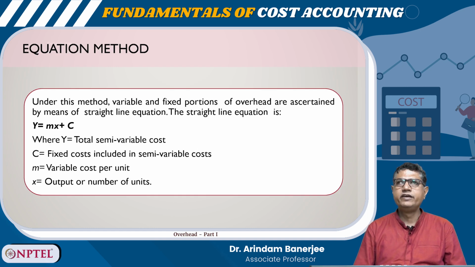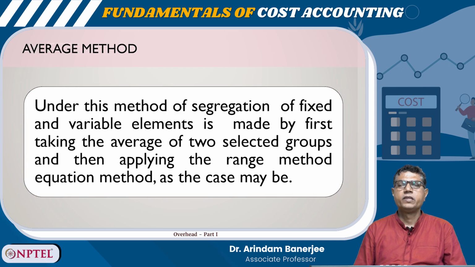We can also solve it using the equation method. Under this method, variable and fixed portions of overhead are ascertained by means of straight line equation. The straight line equation is y = mx + c, where y is equal to total semi-variable cost, c is the fixed cost included in the semi-variable cost, m is the variable cost per unit, and x is the output or number of units.